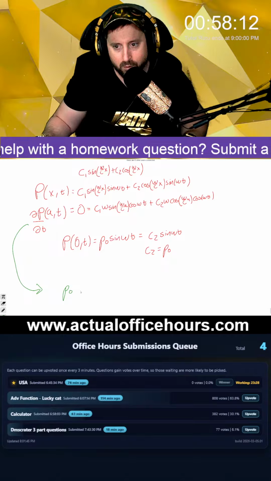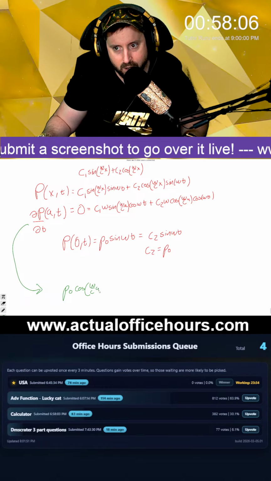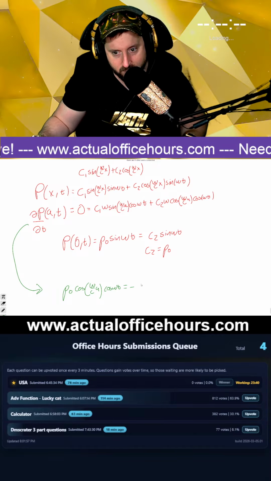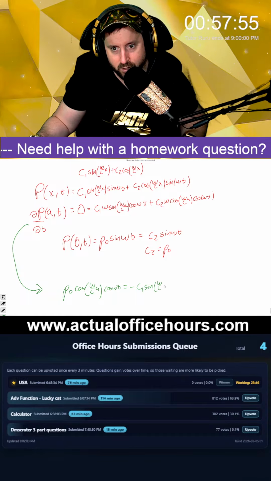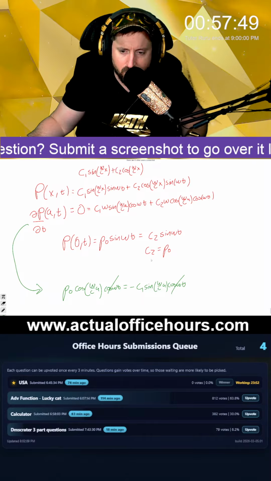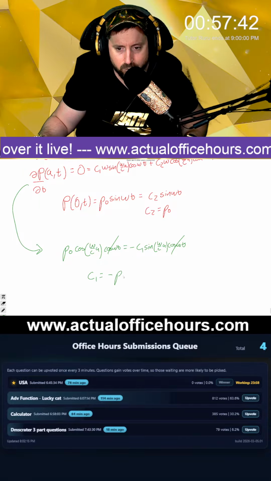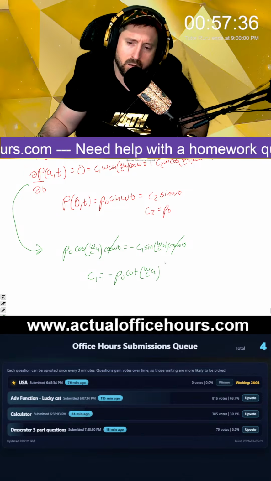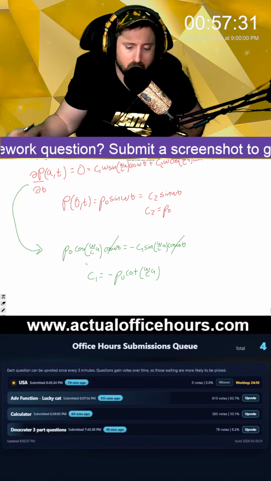Okay, so rho naught cosine omega over CA cosine omega t equals negative C1. I already canceled the omegas. Sine omega over CA cosine omega t. You can also cancel these, yeah. Okay. So then C1 is equal to negative rho naught cotangent of omega over CA. I move that over? Yeah, that looks correct. Wow. Okay, cool.